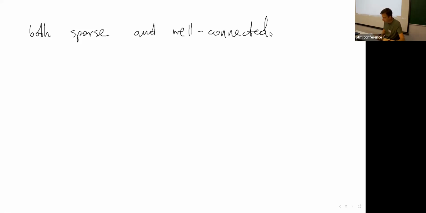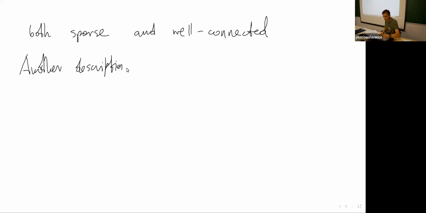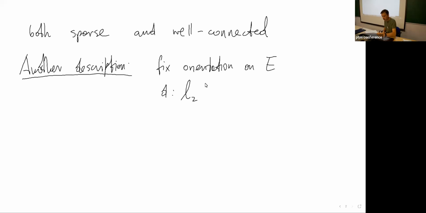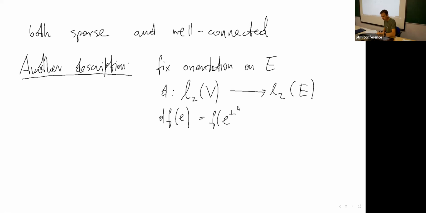Okay, and there's another description of this notion. I can fix an orientation, any orientation, on the edges, and I can define an operator d from L2 of V into L2 of E, where df of e is f of e plus minus f of e minus.